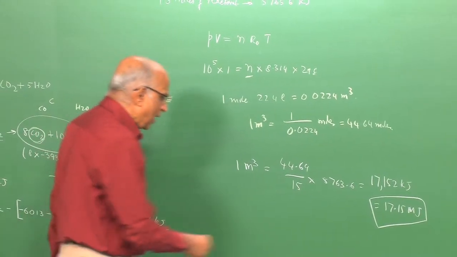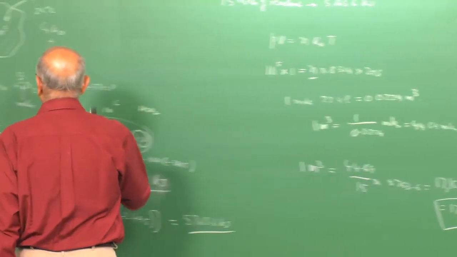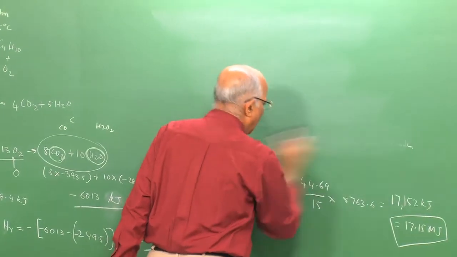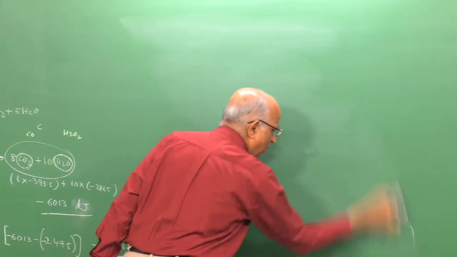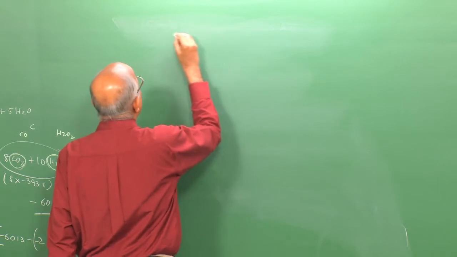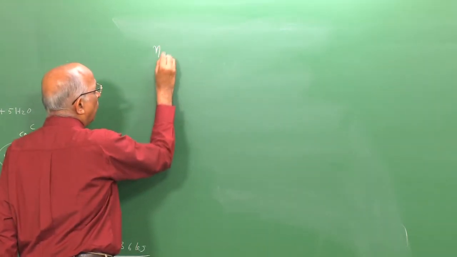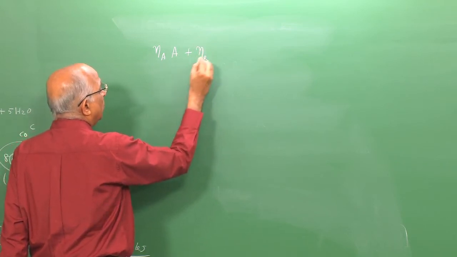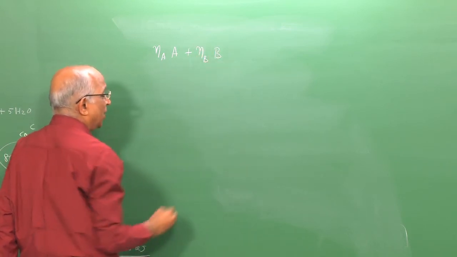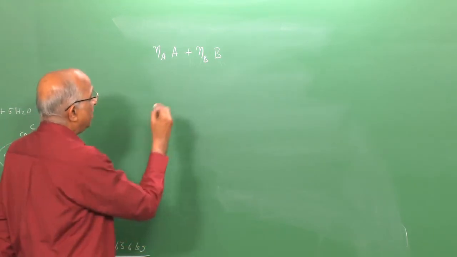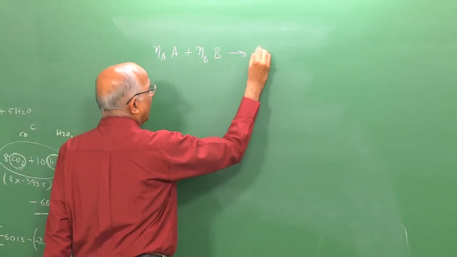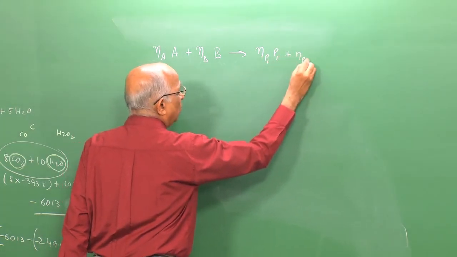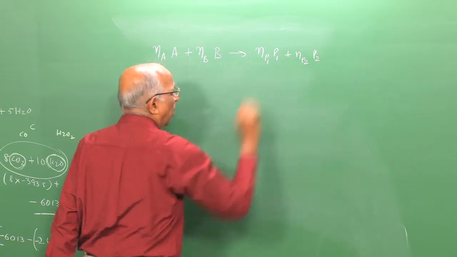And how do we do that? Let's quickly summarize the method. We calculate for any reaction, let's put it in a general form. Say I have n moles of reactant A reacting with n moles of an oxidant or oxidizing agent B, giving NP1 moles of product P1 plus NP2 moles of product P2 and so on.